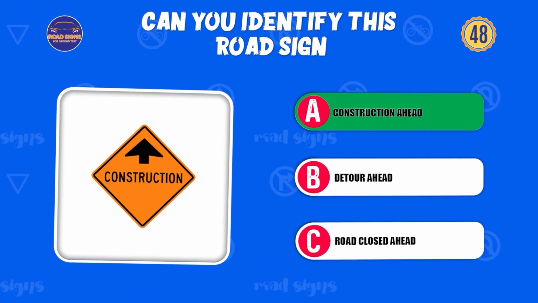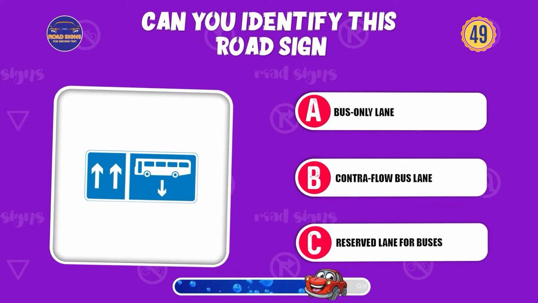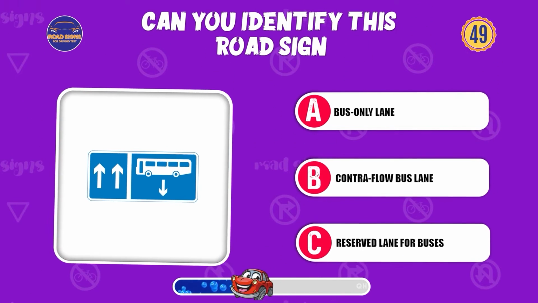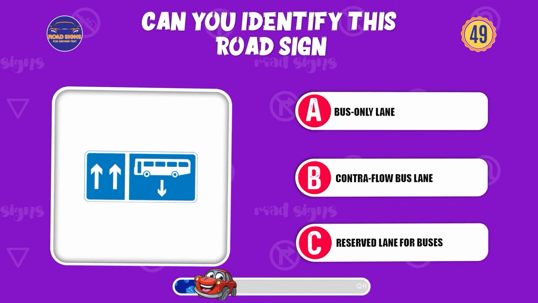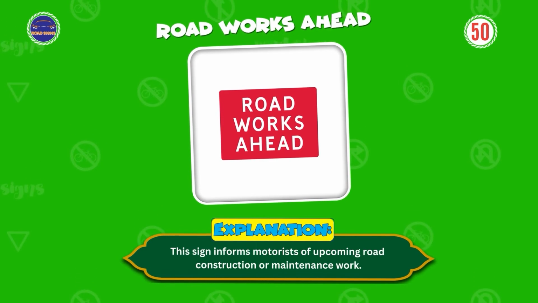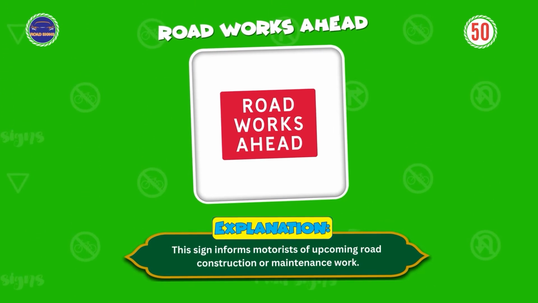A. Construction ahead. What does this road sign indicate? B. Contraflow bus lane. This is the road works ahead sign. It alerts drivers about upcoming road construction or maintenance work.